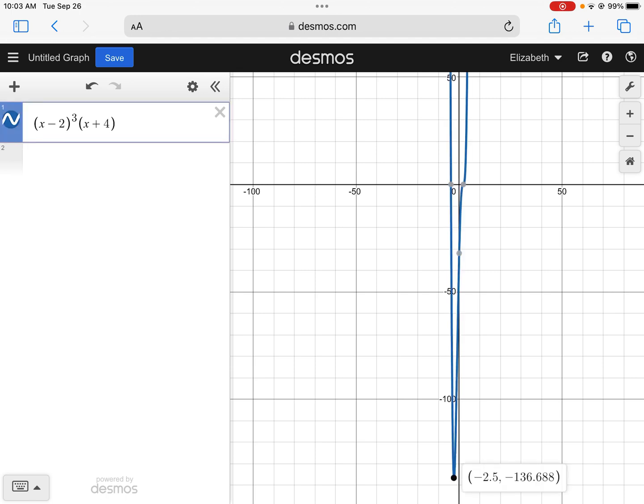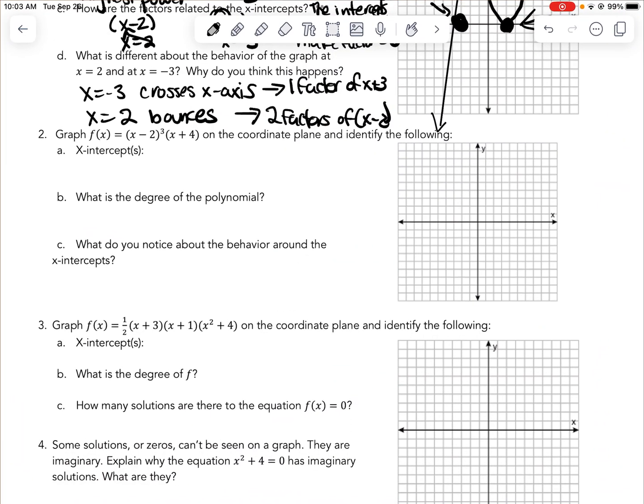Let's see, -134.6. So it crosses at -2. No, I did that wrong, sorry. It crosses at +2 and -4. All right.